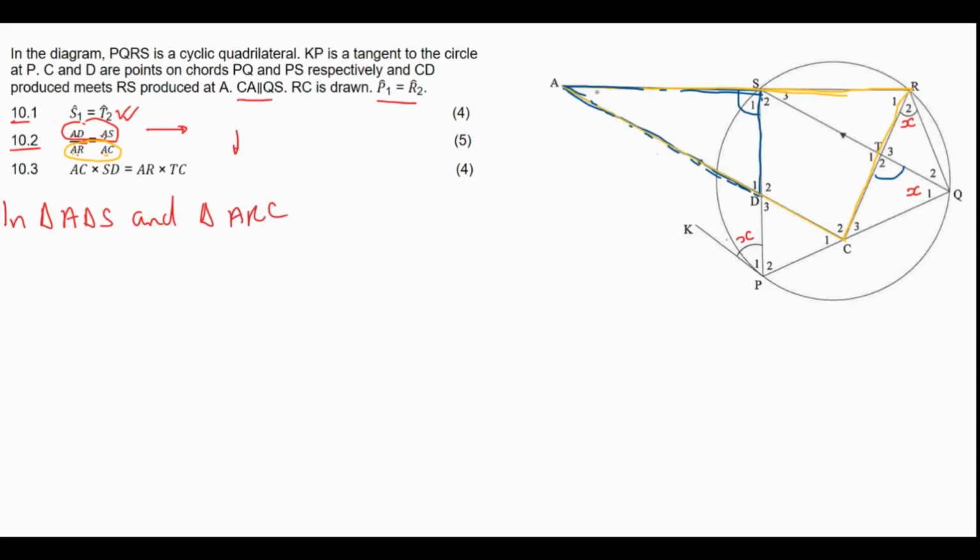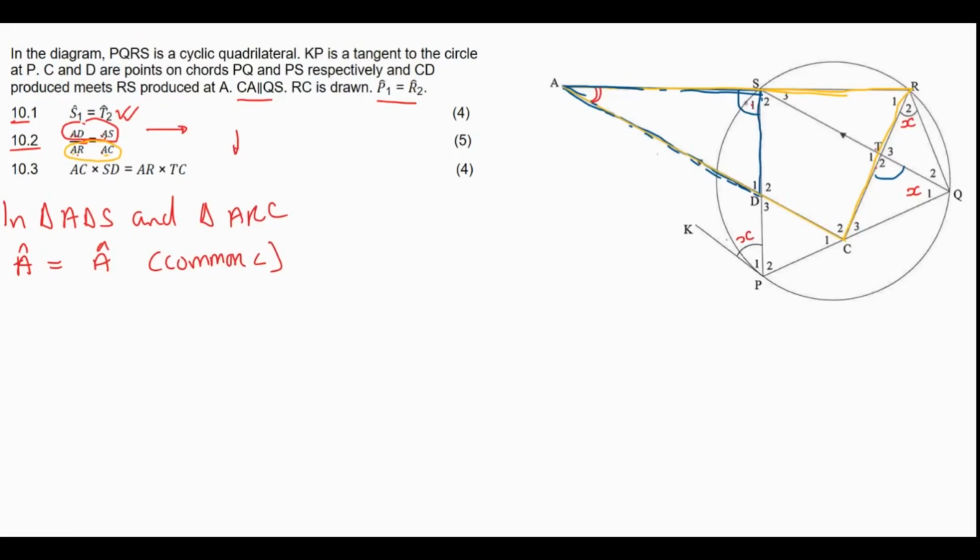So angle A in triangle ADS is equal to angle A in triangle ARC because this is a common angle. And then which other angle can we prove here? We need to check what we just proved. We proved that angle T2 is equal to angle S1.